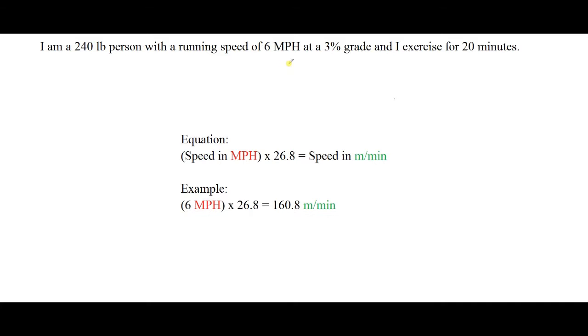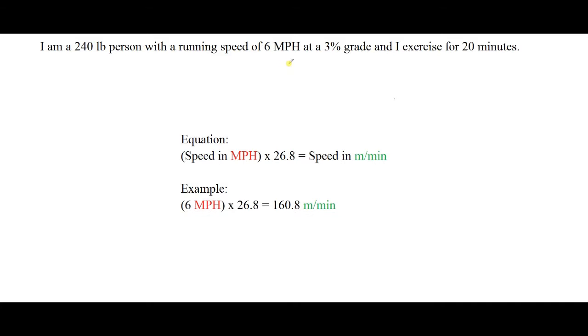I mean, the difference between 1 mile per hour and 2 miles per hour is a big difference. You're moving an entire mile more per hour. So this equation, because it needs a little more exactness, we're going to be converting miles per hour that you would possibly see on a treadmill to meters per minute. So instead of miles, we change that to meters, and the per hour, we're changing on a minute-to-minute basis.